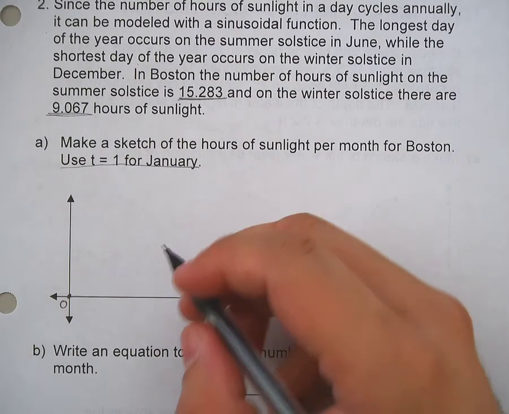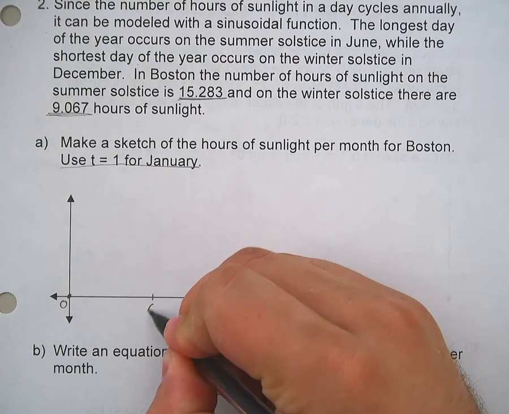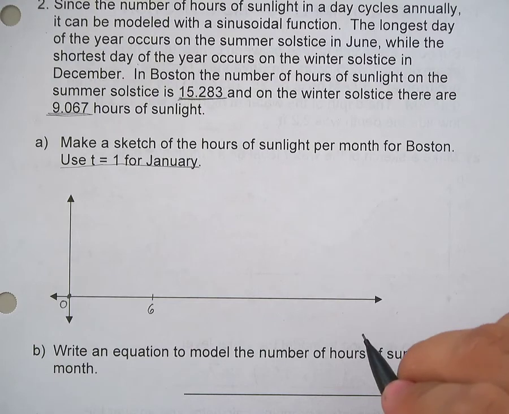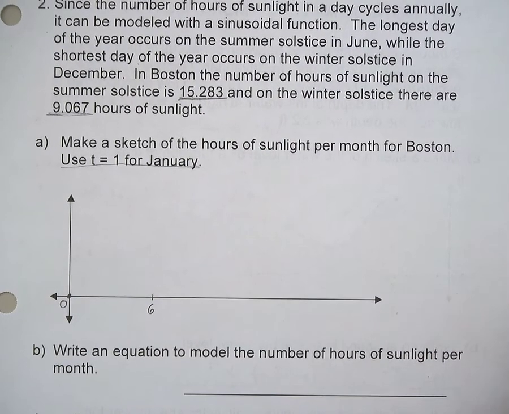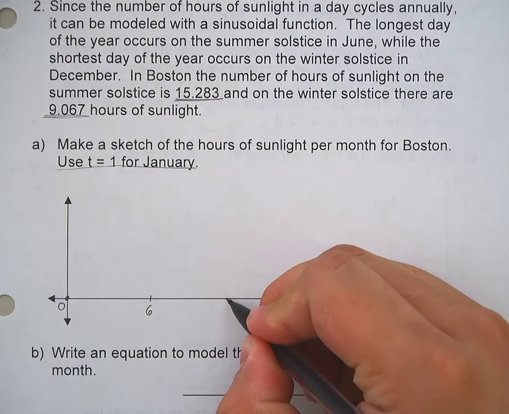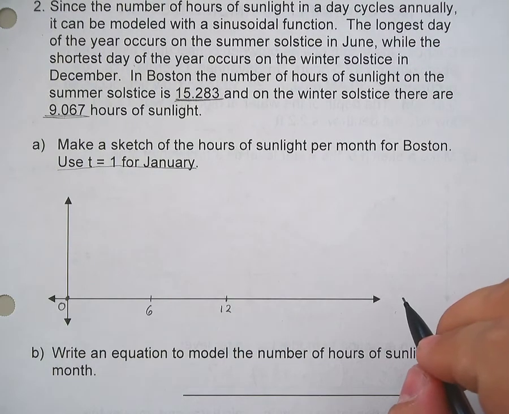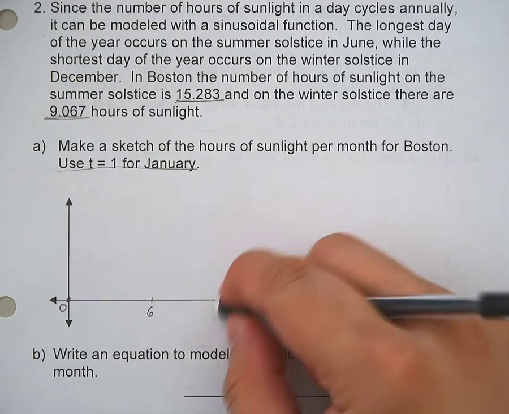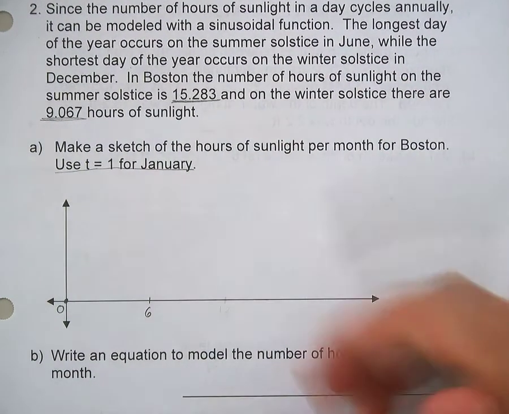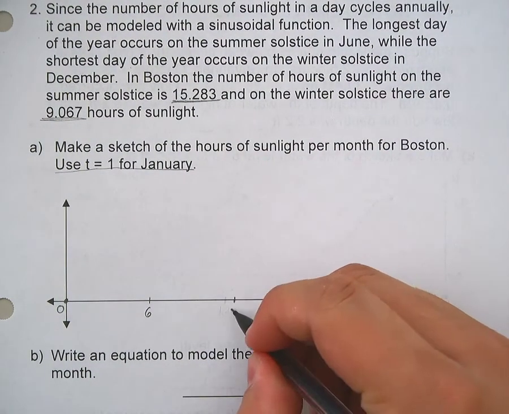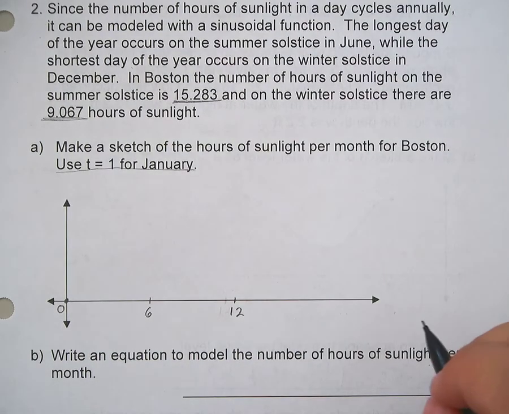So let's bust this thing up here. This will be 6. The winter solstice in December, so the month of December would be 12 then. Right? So you go from 6 to 12. Let me widen that out a little bit. Try and make it as accurate as possible. Much better.